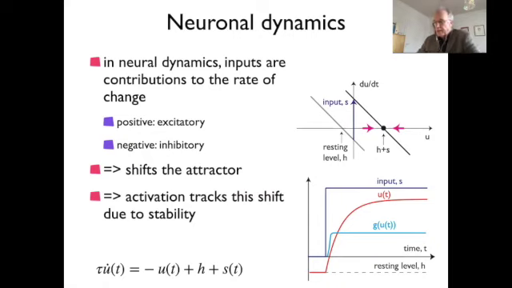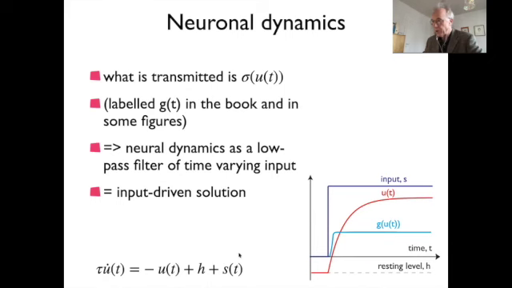Good. So a single population with nothing else is, of course, very boring and would be just in a resting state. And what we're interested in is, of course, if there are inputs. And so inputs are, in the neurodynamic picture, additive forces, so contributions to the right-hand side of this equation. You could say they specify rates of change, but they are, together with this minus u term that makes the attractor.